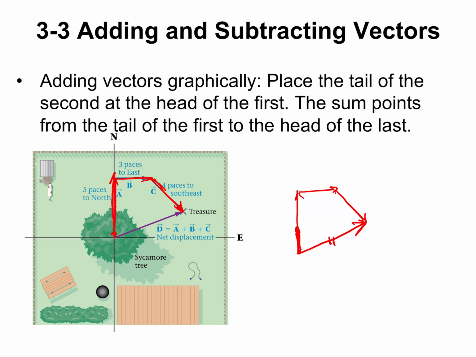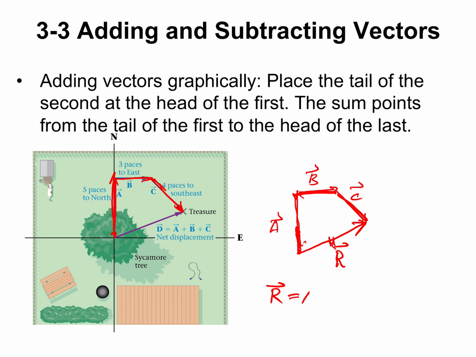And what is this net displacement? Actually, you have three vectors put together, because you have three trips: one trip, second, third. This is A, B, C. So this is called D, or the resultant. Let's make a resultant.